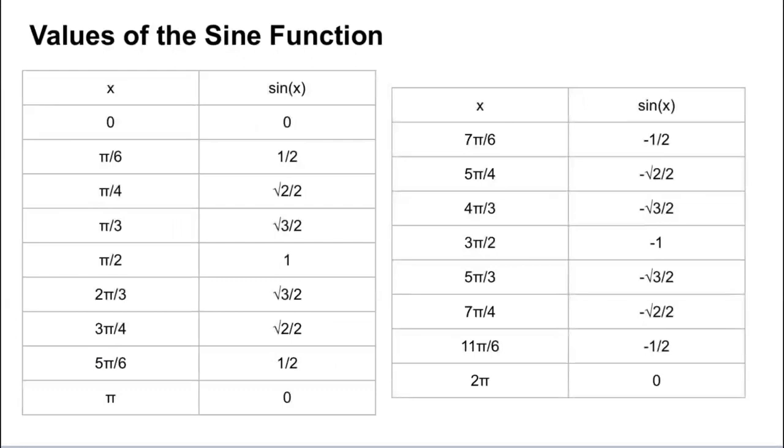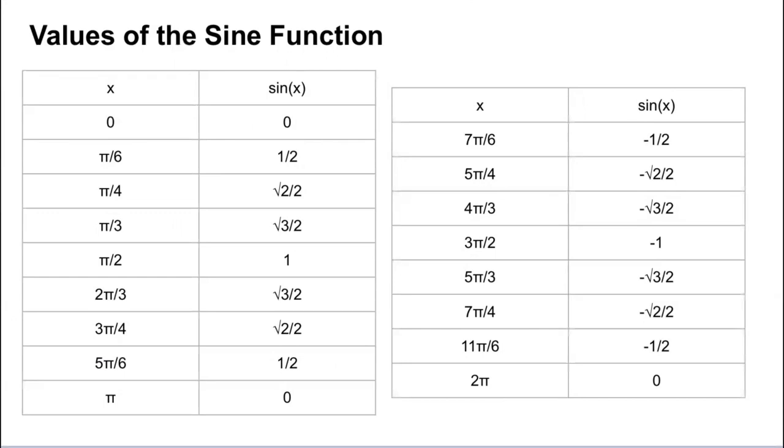We have the values of the sine function. I went through, and for every value of x, which is in radians, or degrees, we have a corresponding value for sine of x. I will not go through the process of proving all of these for their accuracy, as I have already done that, but you can certainly do that, as it is good practice with trigonometry.